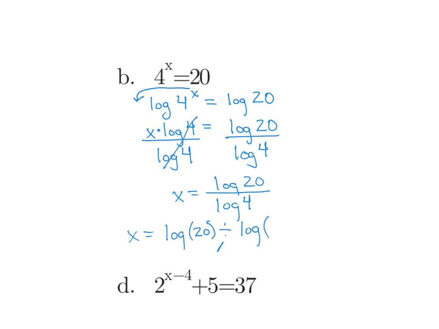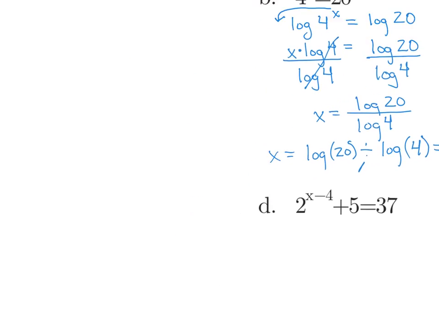Again, it'll open a parenthesis. Plug in 4 and close it off. Which according to my calculations comes out to be 2.1609. I'm going to round it up to 2.161. Okay, so we have that one.